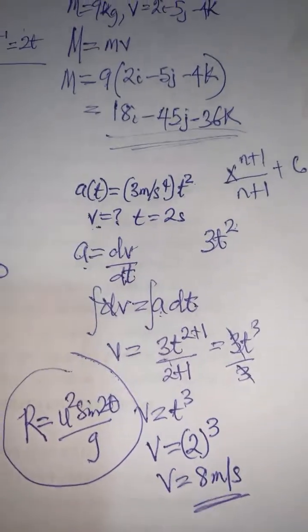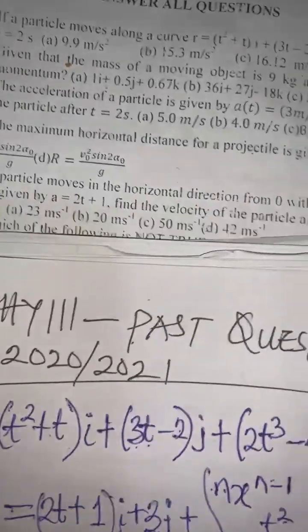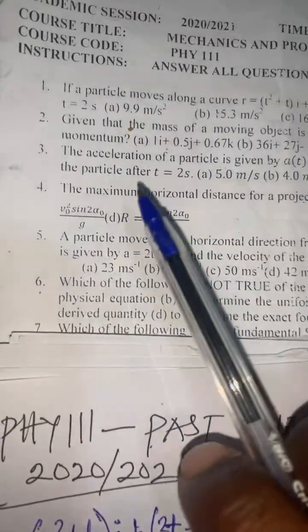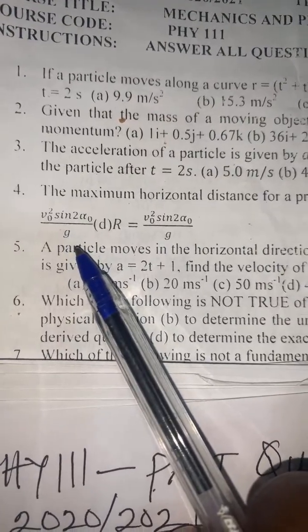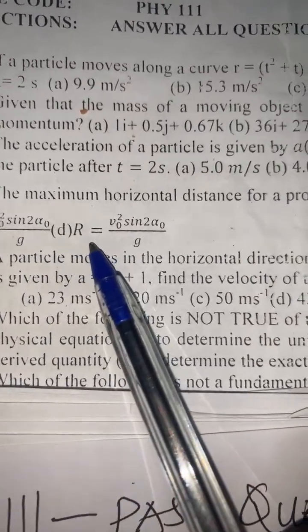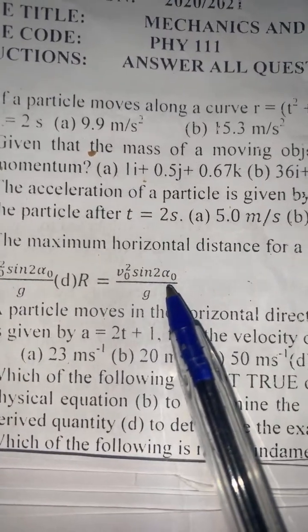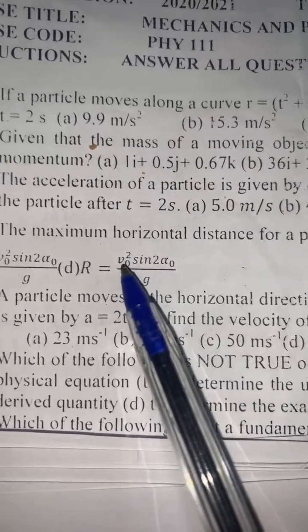Okay, then let's see if this formula will correspond to what we're looking for. Then you can see the options. This is option C. It doesn't give us what we want. D. I think D is the answer because we're having this v naught squared, which is talking about initial velocity.